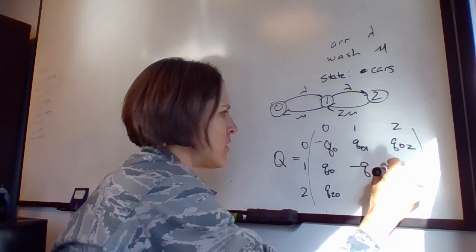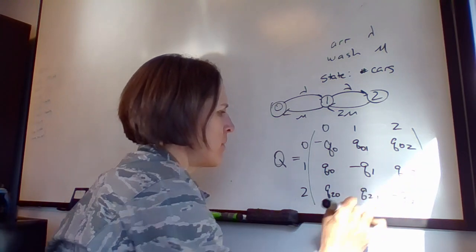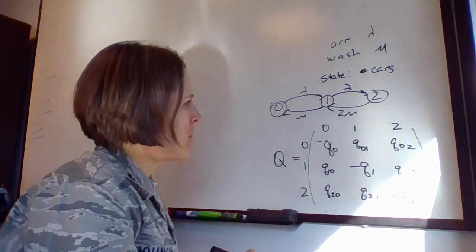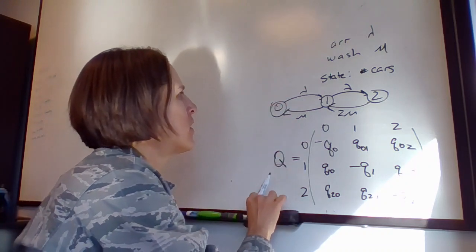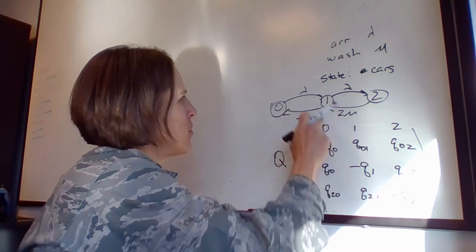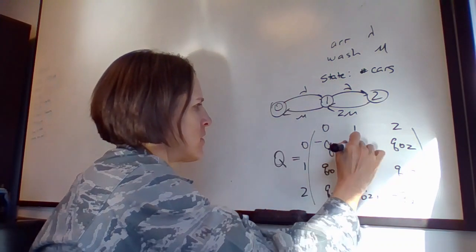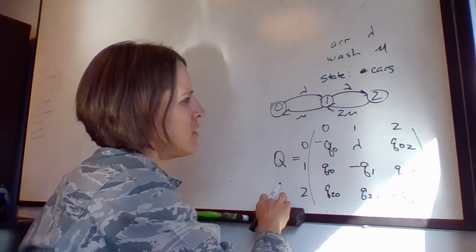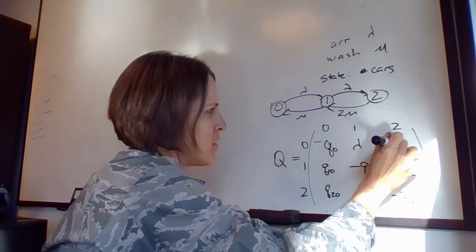And this will be Q12, Q21. Okay, so now if I want to fill this in, for example, in the car wash example, the transition rate from state 0 to state 1 is lambda. From state 0 to state 2, well, that doesn't happen. So that's going to be 0.